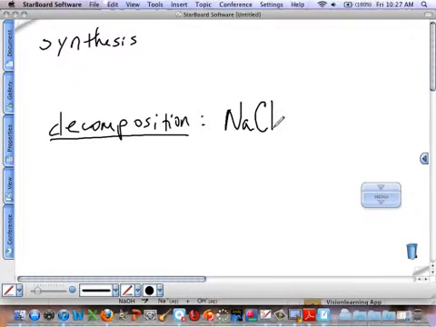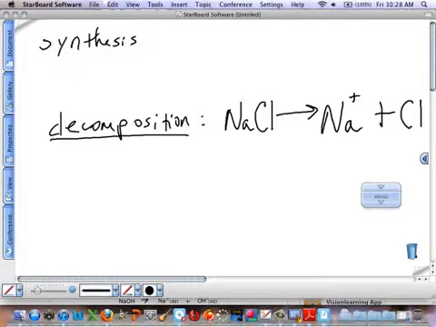What does the water do to the salt? It dissolves the salt, so it separates it, and therefore we get Na plus and Cl minus. This is a decomposition. We're breaking down a substance.